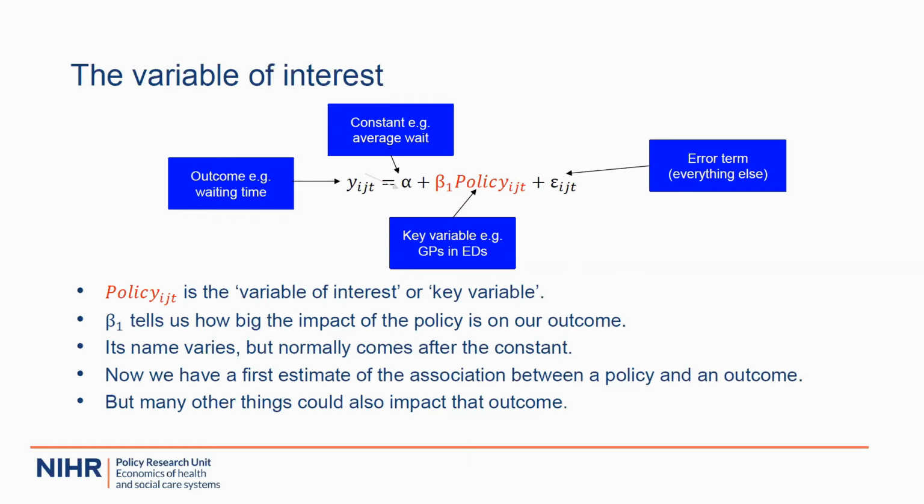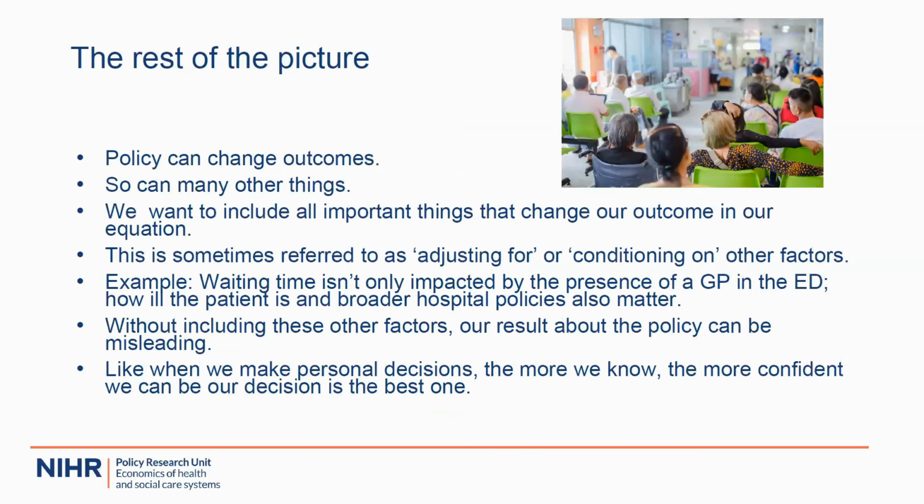And the problem for us as researchers is that if there are other important things going on, and there are lots of potential other things which could be going on that are affecting waiting time, such as how well or unwell the person is who attended the emergency department, or how crowded the department is, how well or unwell other people are. And we're not currently looking at any of that. We've just got, was there a GP there?